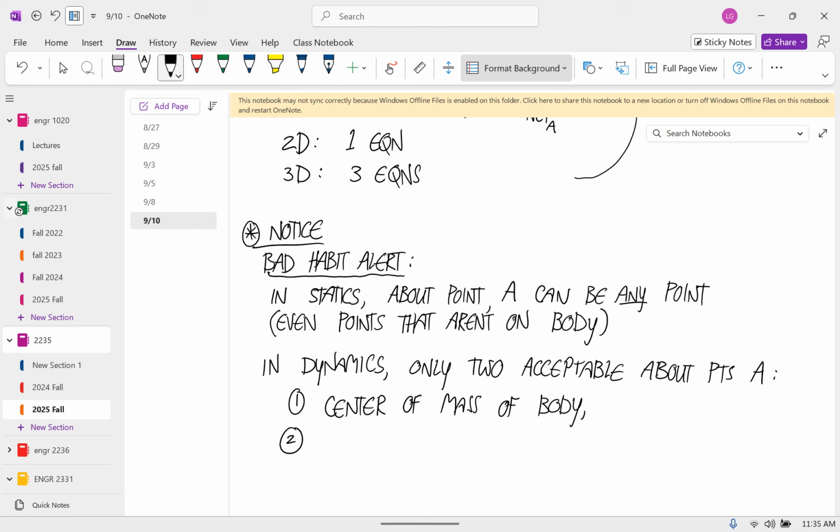And the second is a point on the body that's fixed in your coordinate system. Let me say this is a material point on the body. For example, if you have a bar that's connected to the floor by a hinge, then that hinge is a point that's connected to your body, and it also is fixed in the coordinate system as this thing moves.